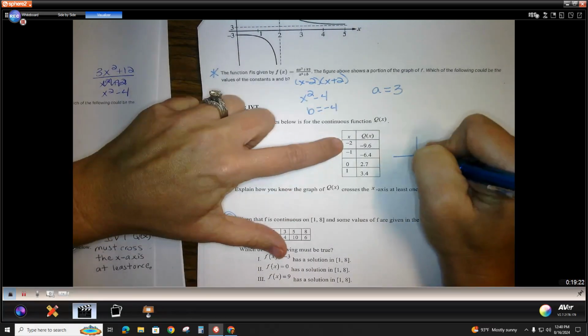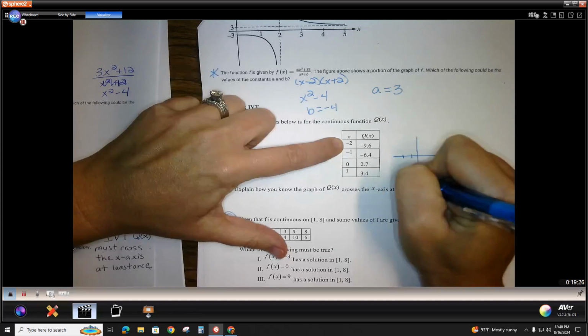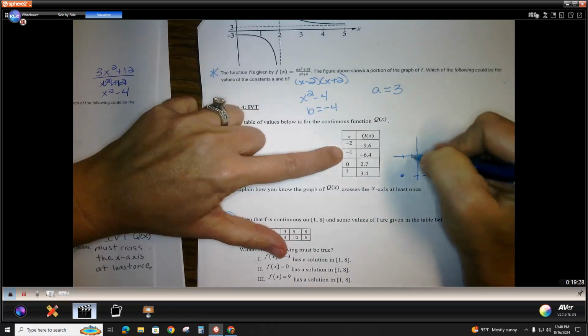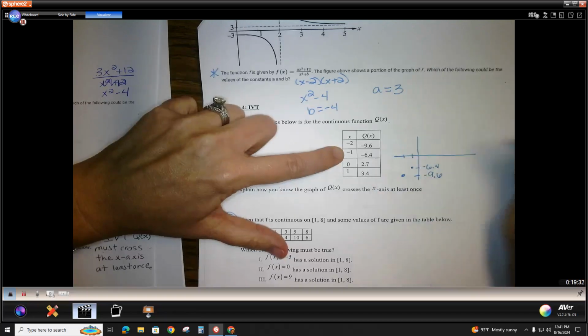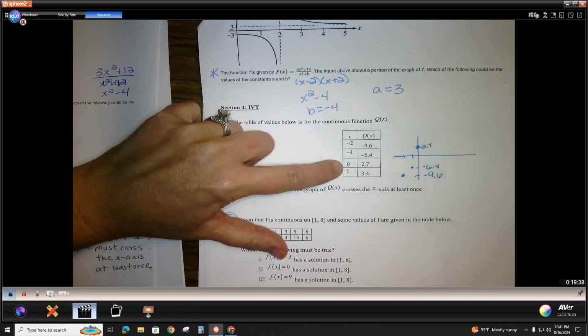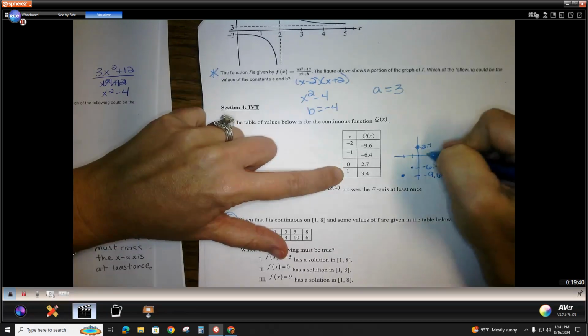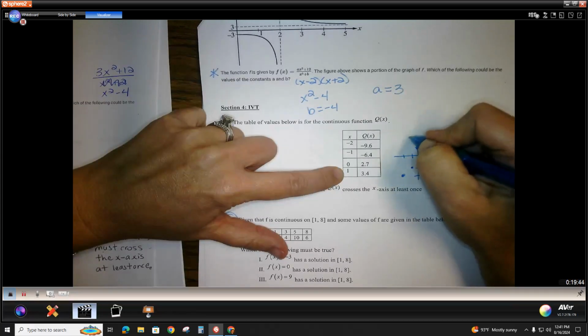So at negative 2, negative 9.6, we have a point. At negative 1, we have a value of negative 6.4. At 0, we're up here at like 2.7. At 1, we have something at 3.4.